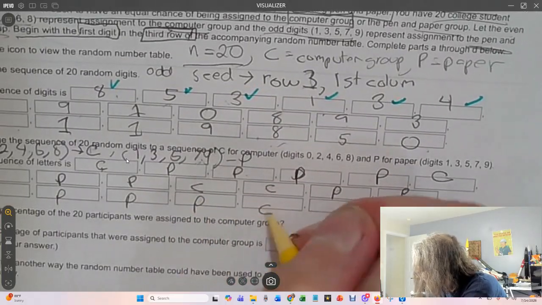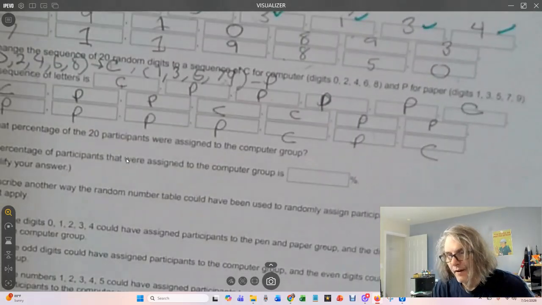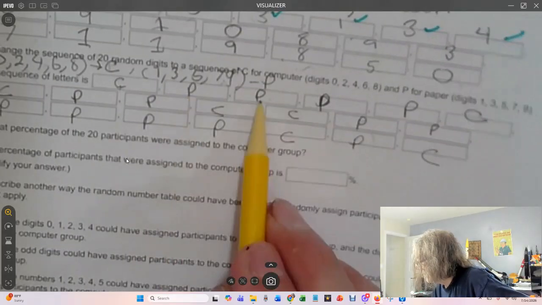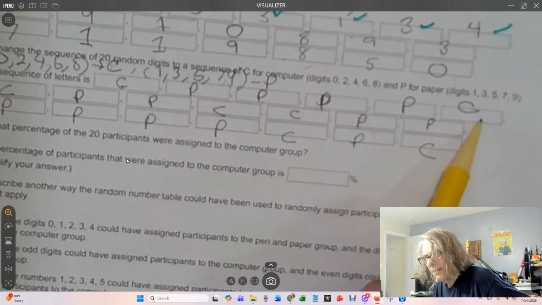Or computer. Paper. Computer. Let me double check. Computer, paper. Paper, paper. Paper, computer.